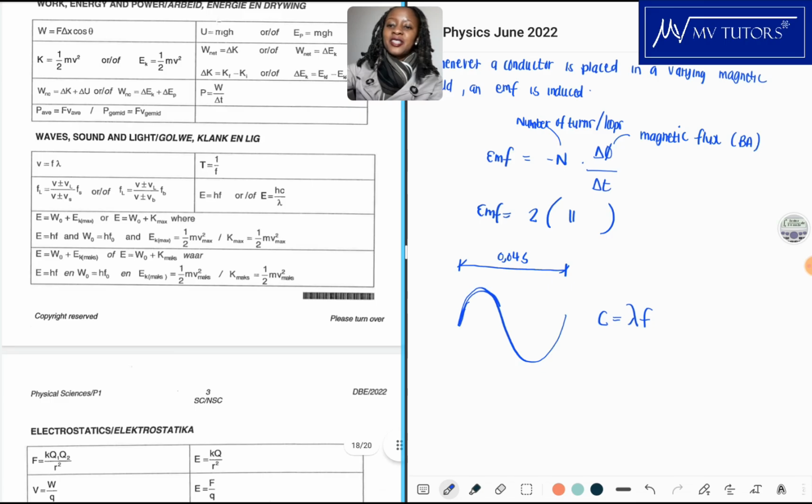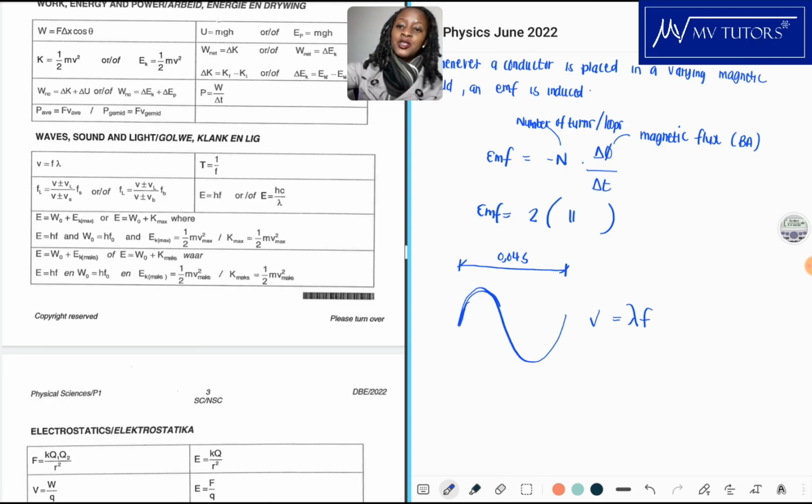Actually, let's not use C, because C is the speed of light, right? So V, velocity or speed, is equal to the frequency times the wavelength. And what do we know? We know that the frequency and the wavelength are inversely proportional. So if you increase one, you decrease the other.